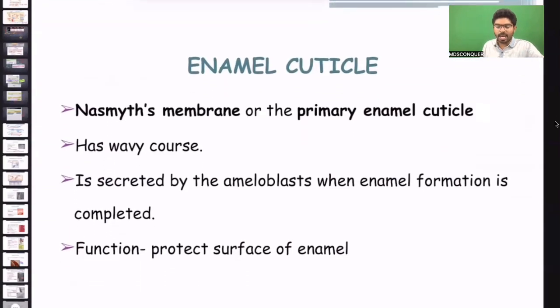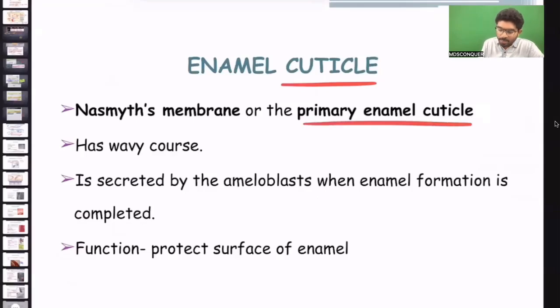Then comes the enamel cuticle. The enamel cuticle is called the primary enamel cuticle or Nasmyth's membrane. Many times given in the exam. It has a wavy course. It is secreted by the ameloblasts when enamel formation is completed.